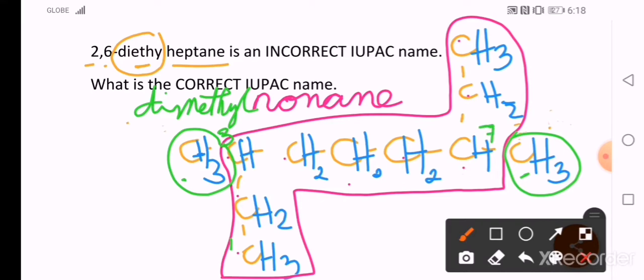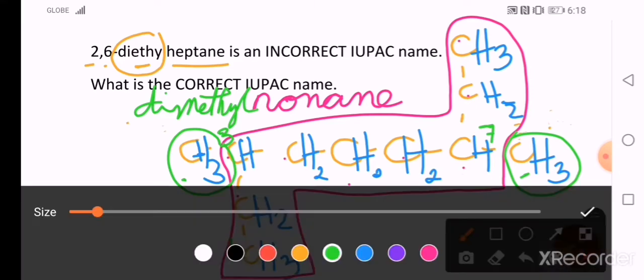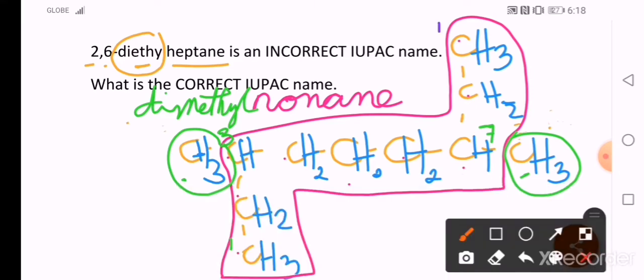Pag dito tayo mag-start. However, kapag ang counting naman natin ay if this is carbon number 1, still this is carbon number 3. And this one still would be carbon number 7. So either way, 3 and 7 pa rin ang ating locant.